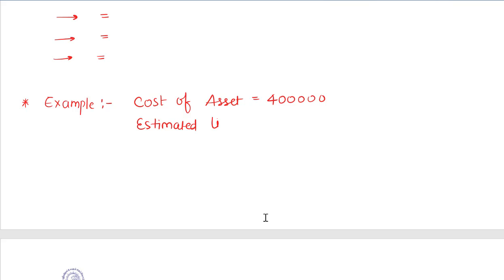Write one more example now. Cost of asset 4 lakh. Estimated life 6 years.